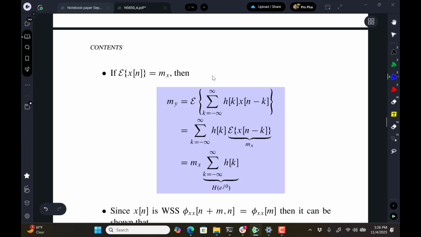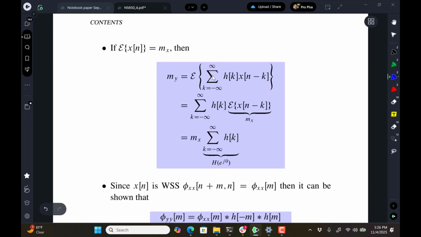So if we go through our definition of the mean of a wide-sense stationary process, we'd be finding the expected value of the output of the convolution sum, and the expectation operator is weighting things with a PDF. That's what we're hiding here with that expectation operator. But because h is deterministic, it's only seeking out the randomness in there.